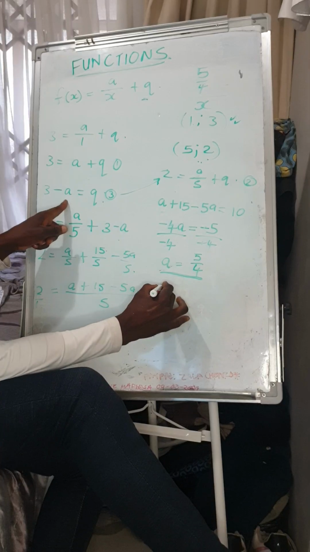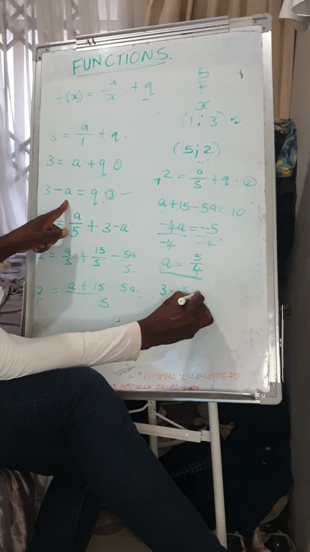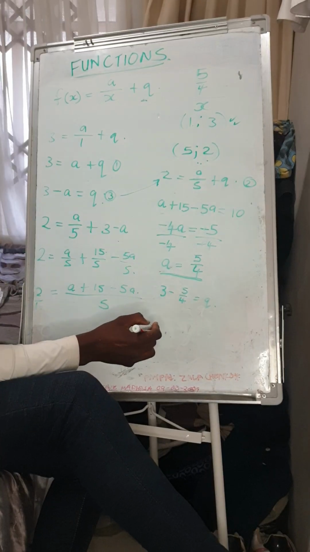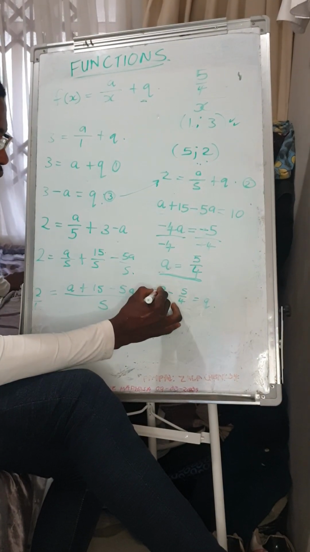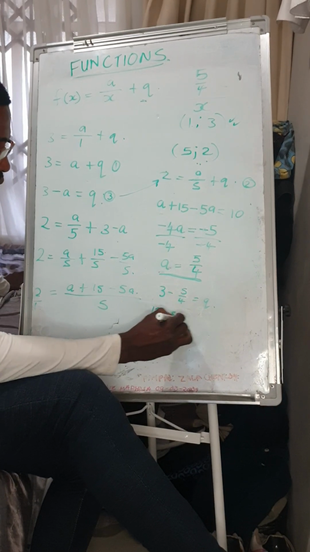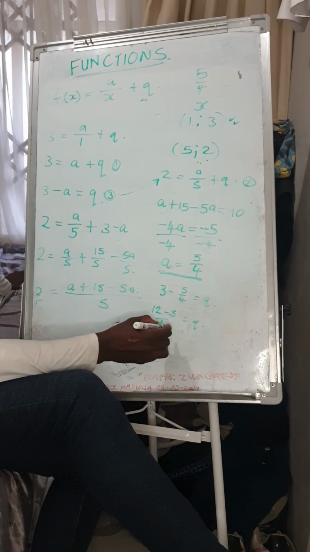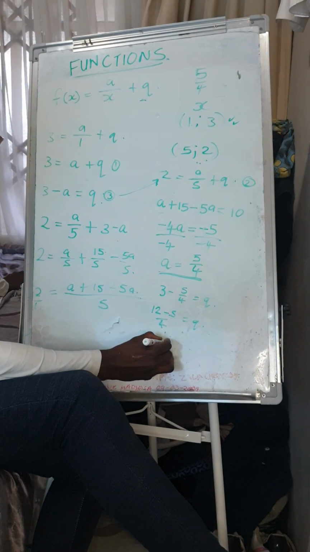So I can say 3 minus 5 over 4 equals q. So I can say cross multiply, we have 12 minus 5 all over 4 equals q. So now you know that 7 over 4 equals q.